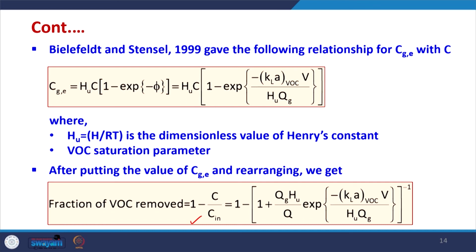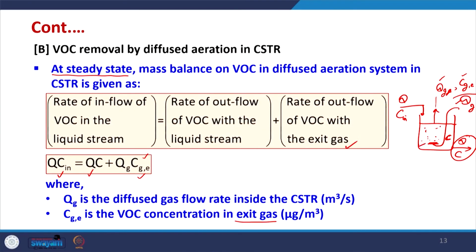For that, two scientists in 1999 gave an equation for finding the concentration of VOC in the exit gas with respect to the concentration inside the reactor itself.